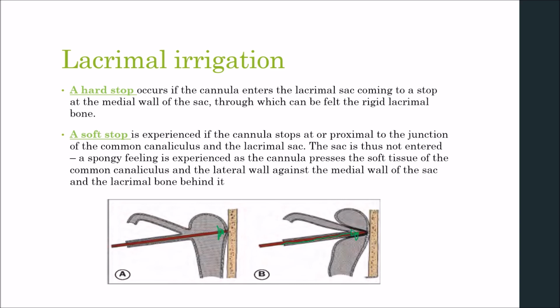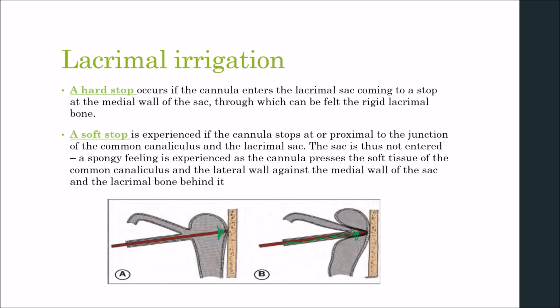So the canaliculi are dragged along with the cannula to the sac along the lacrimal bone, and a spongy feeling is experienced as the cannula presses the soft tissue of the common canaliculus and the lateral wall against the medial wall of the sac and the lacrimal bone behind it.